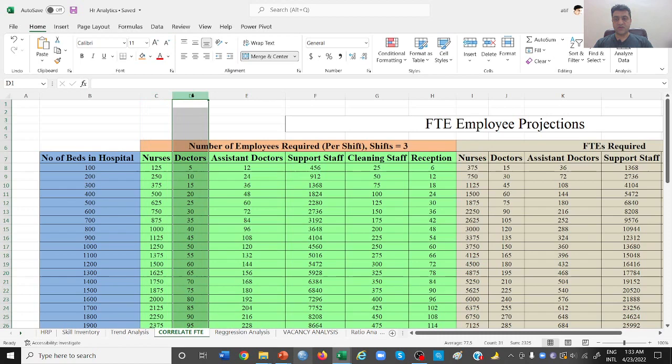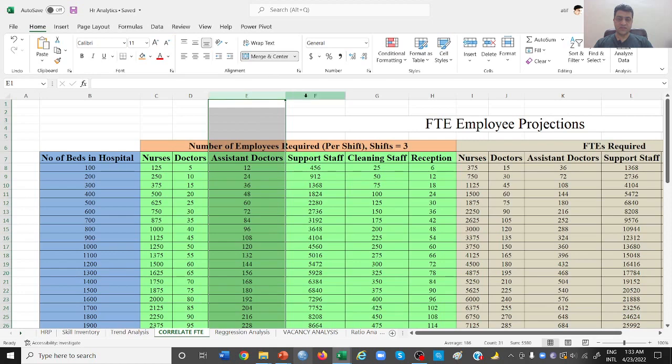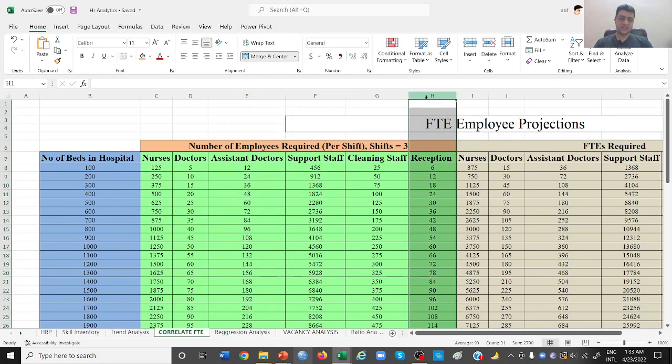This is the number of doctors required in different hospitals. This is the number of assistant doctors, support staff, the cleaning staff, and the reception staff, and you can add up to any number of tasks or jobs which are required to run a hospital.